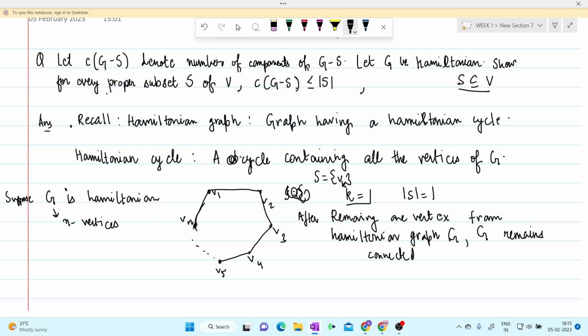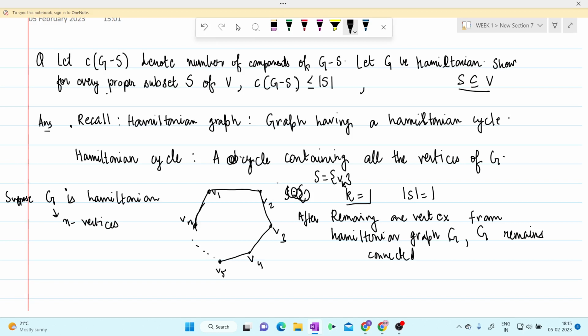So that means the number of connected components should be 1. The number of connected components can't be 0. So we have to basically show that after removing one vertex from Hamiltonian graph, G remains connected.